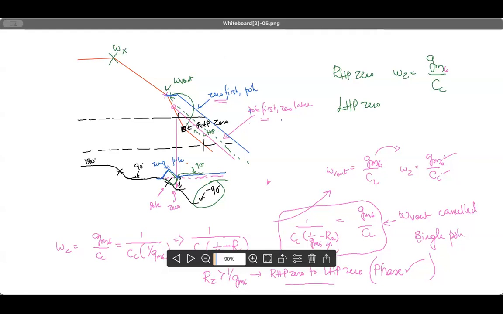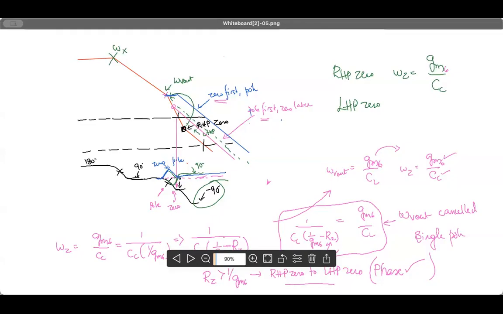If you have moved it to the left half plane, what happens is, depending on where the zero is, whether it's the zero first or the pole first, if it is zero first, then you will have the blue curves. You see that the phase will always settle to somewhere around 90 degree, meaning the phase margin will be 90 degree. If you have another case, which is the green case here, where the pole is first and the zero comes later, even then, because now the zero is a left half plane zero, it is contributing plus 90 degree of phase shift.